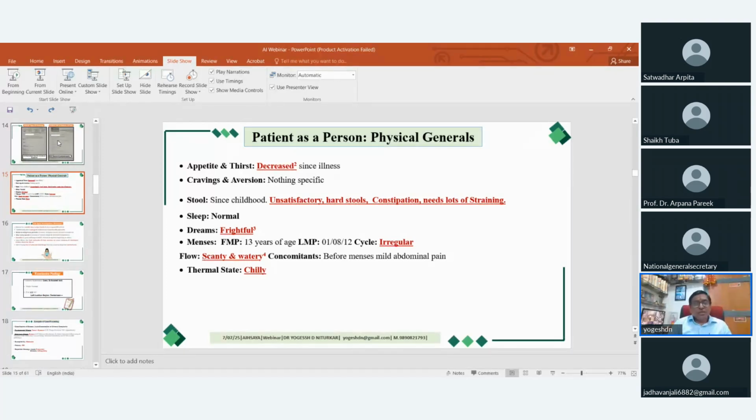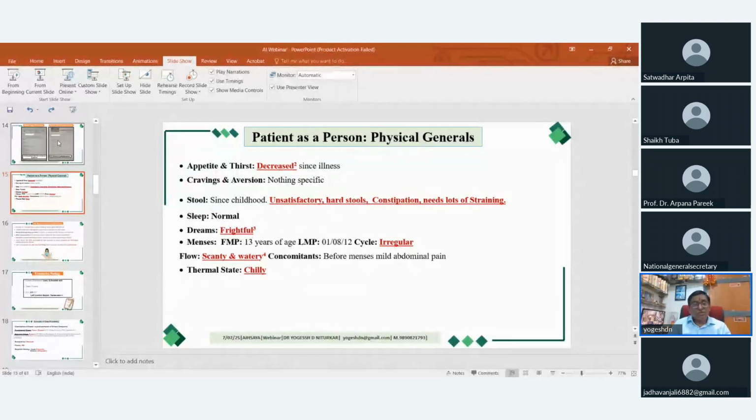So as mentioned in the earlier complaints, the appetite and thirst has been decreased since illness. In terms of cravings and aversions, nothing specific. Stool since childhood: unsatisfactory hard stools are there. Constipation needs lots of straining. Sleep is normal, but dreams are there.